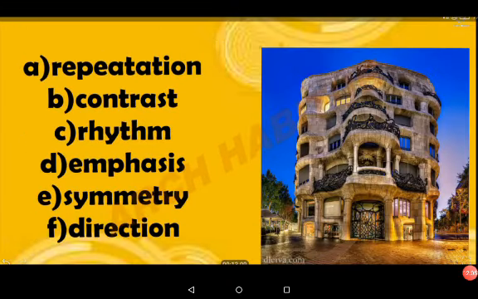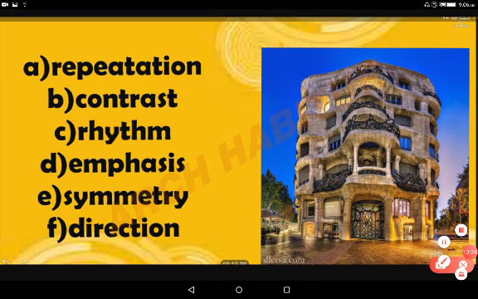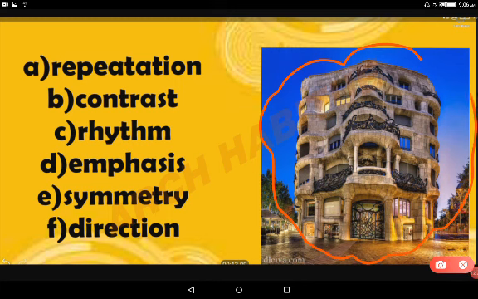Actually, this was our fourth question. I missed it. So this is Casa Mila, a famous architectural piece by the famous architect Antonio Gaudi. He's a guy who plays with texture a lot. This makes this building a scary like feeling.